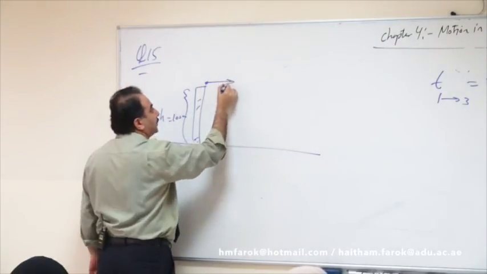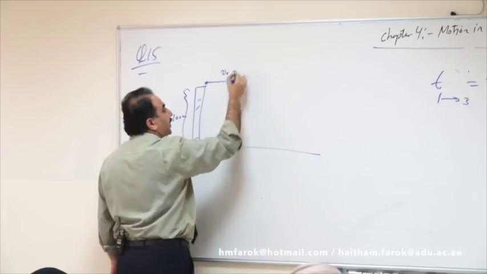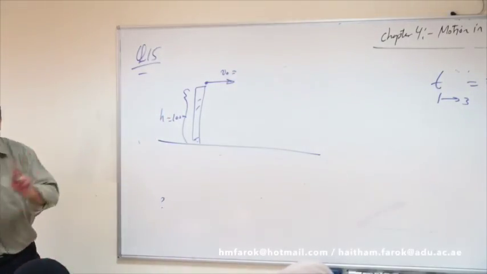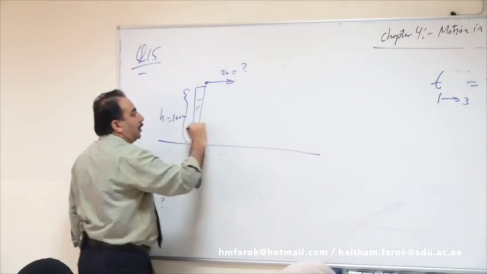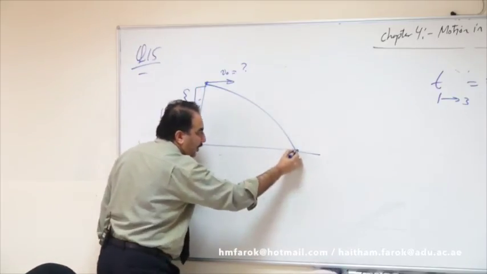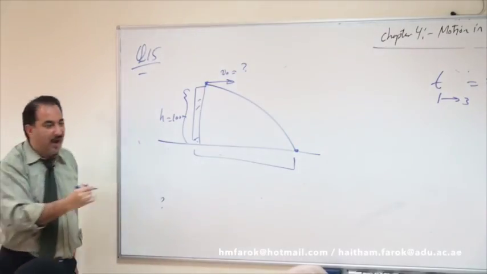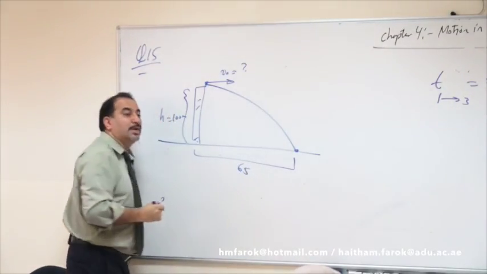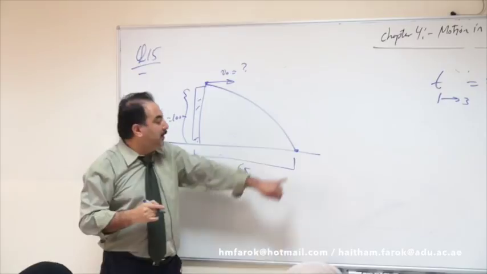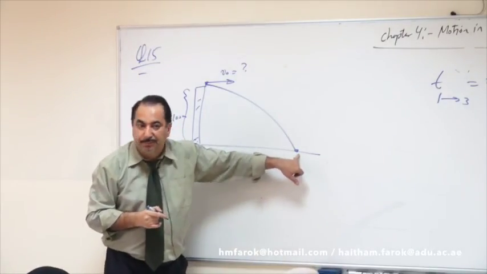So V naught is horizontal. But is it given V naught in the question? No. It hits a target, a distance 65. The question: with what speed does it hit the ground?